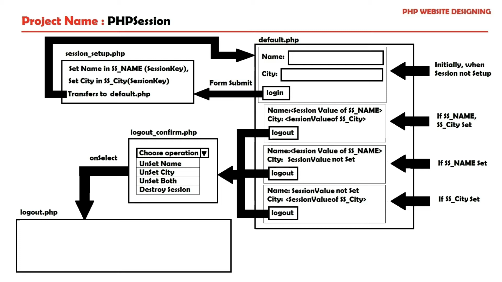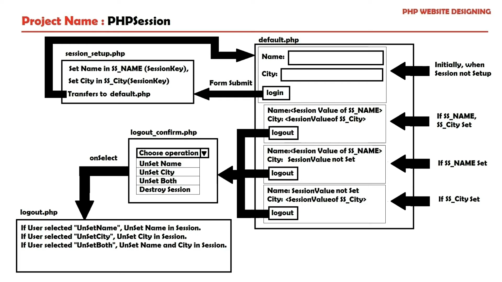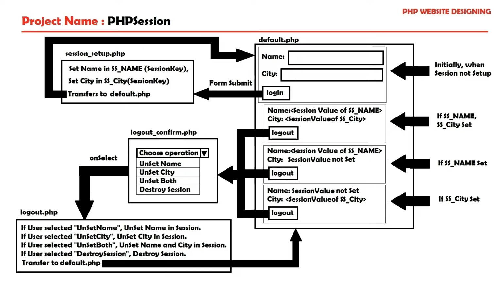In logout.php, if the user selected unset name, unset name in session. If the user selected unset city, unset city in session. If the user selects unset both, unset name and city in session. If the user selects destroy session, destroy the session. Then transfer to default.php.